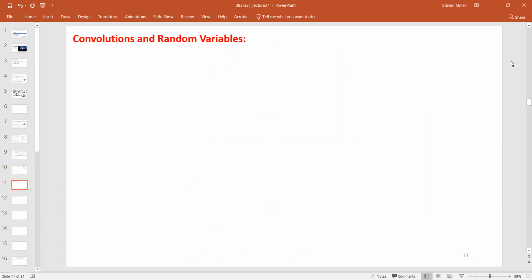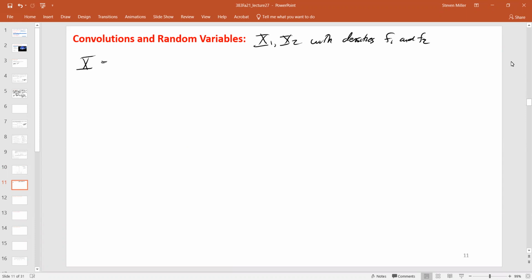Right, so what I want to do now is talk about convolutions and random variables. Imagine I have random variables x1 and x2 with densities f1 and f2.